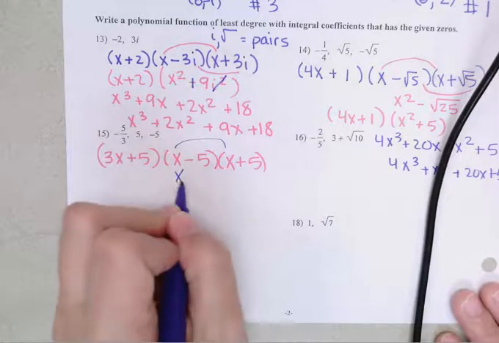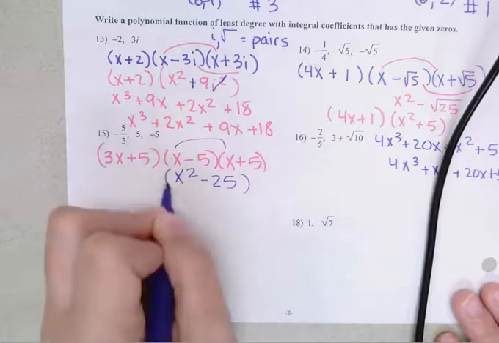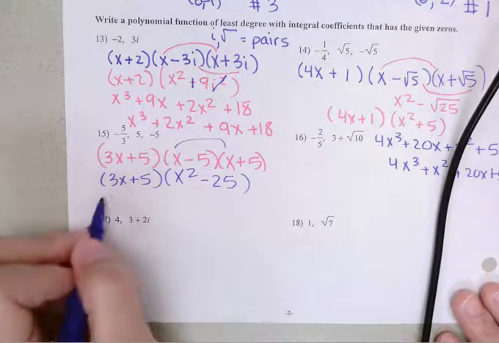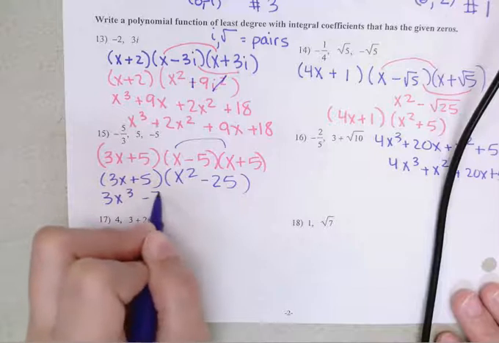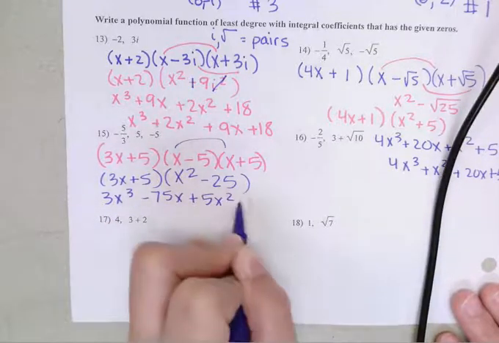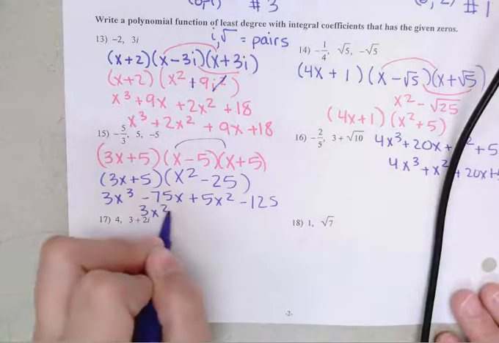So first times first, last times last. There's that. Bring your next piece down. Multiply it out. 3x cubed minus 75x plus 5x squared minus 125. Put it in the correct order.